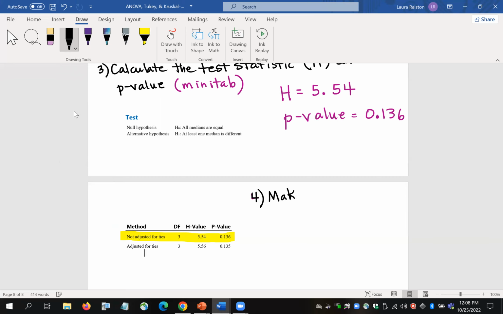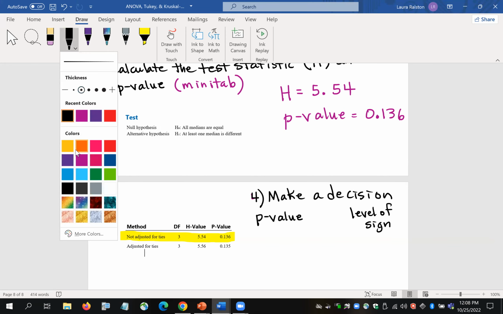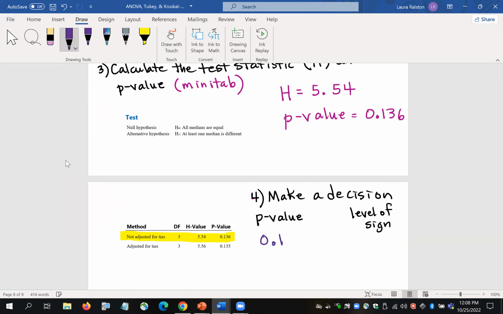We're going to make a decision. We compare the p-value to the level of significance. So our p-value was 0.136. The level of significance is 0.05.